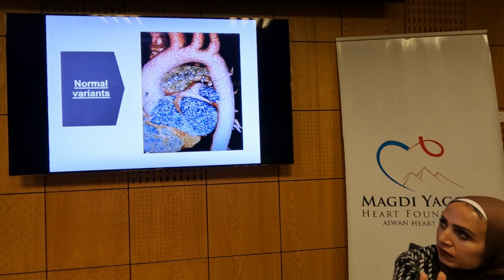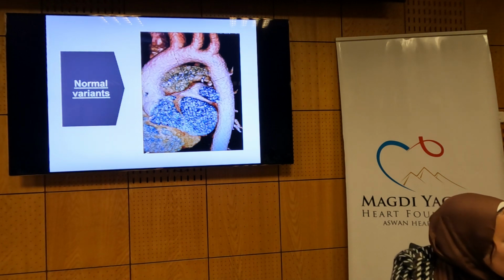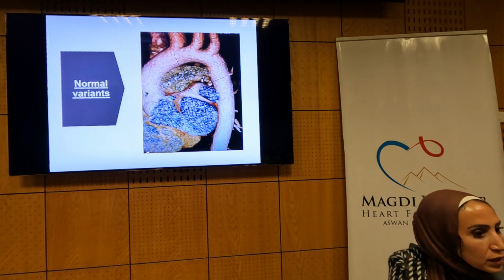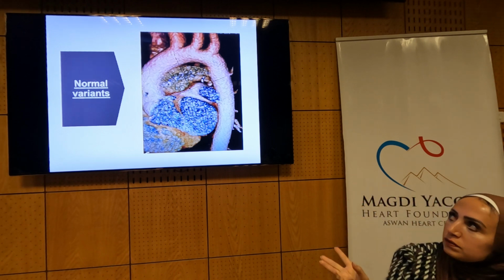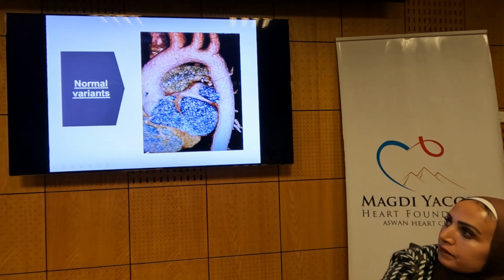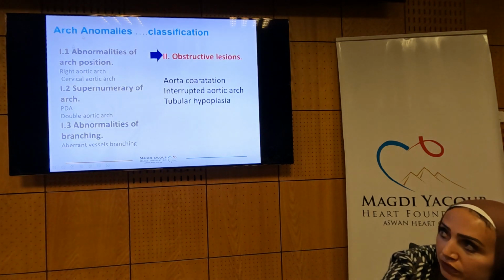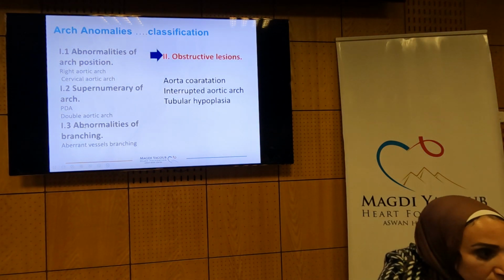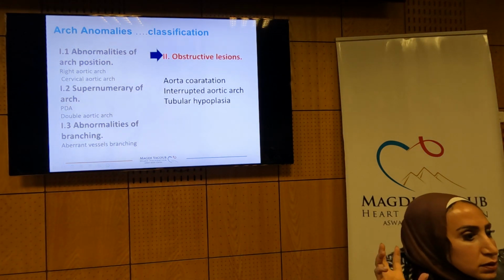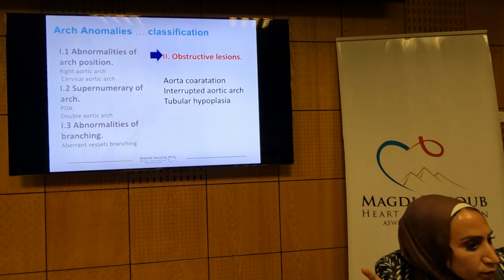It's nice to have these figures and these names. So if you find in the report the Gothic aortic arch, it means acute angulation. Romanesque aortic arch means it's a wider aortic arch. Okay. Now we have finished the anatomical abnormalities. Is it now a bit organized in your mind?